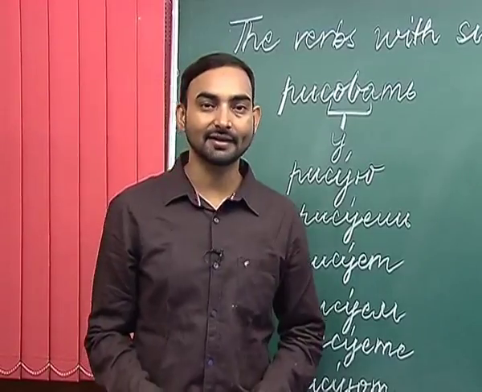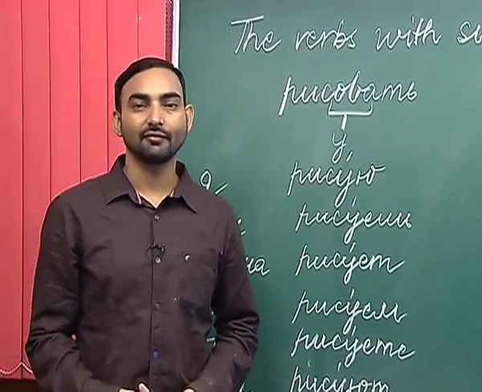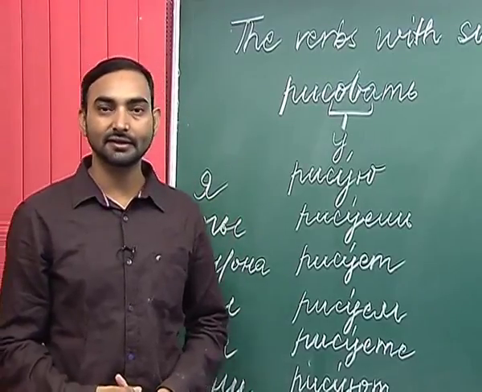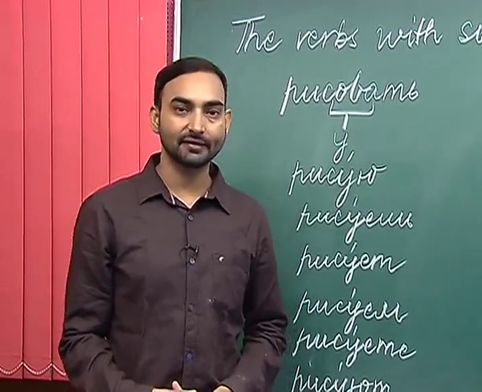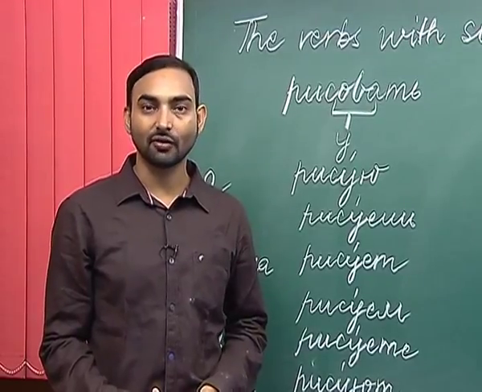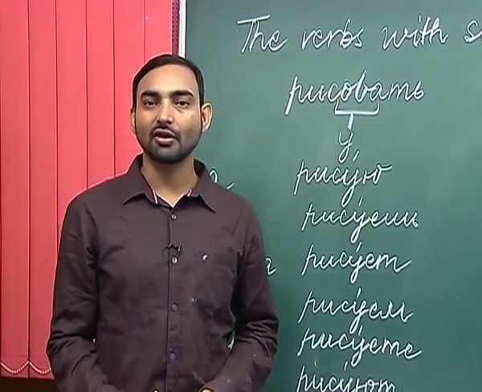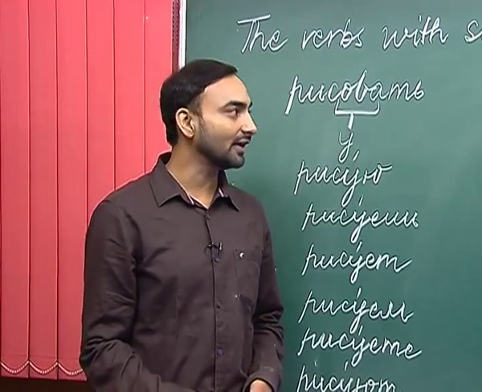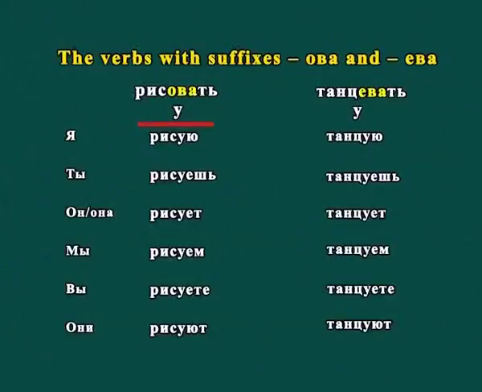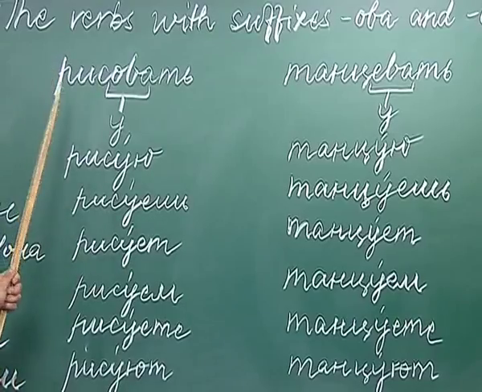We will start this lesson with the verbs with the suffixes -ова and -ева. There are certain verbs with these suffixes. These are peculiar verbs which follow a slightly different conjugation. Let us find out how they are conjugated. I have written here two verbs, рисовать and танцевать.